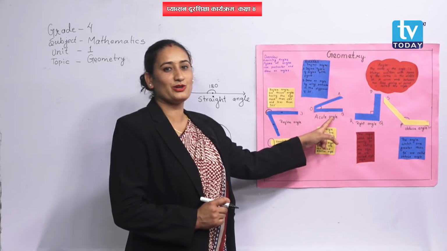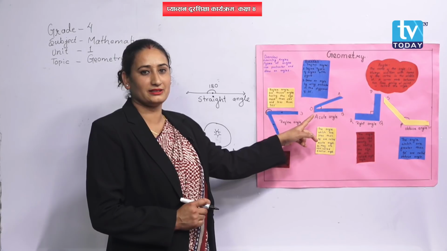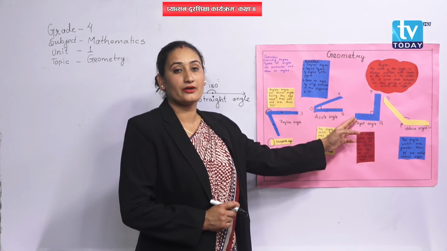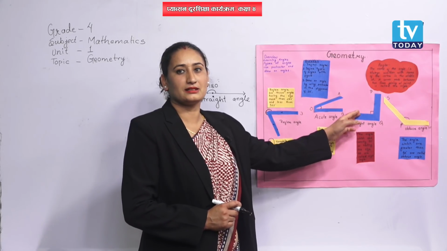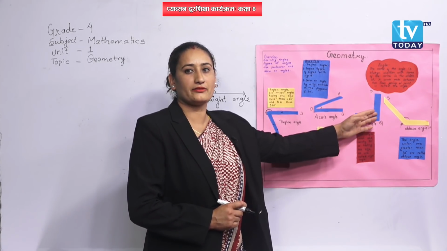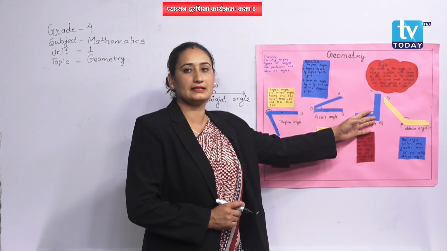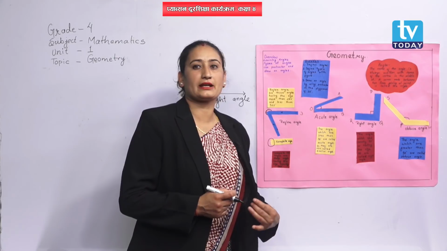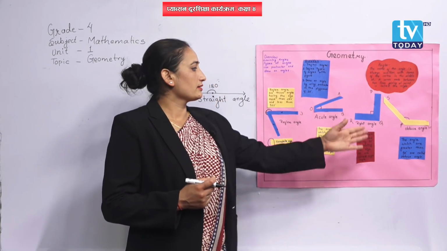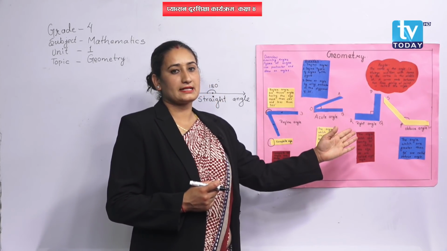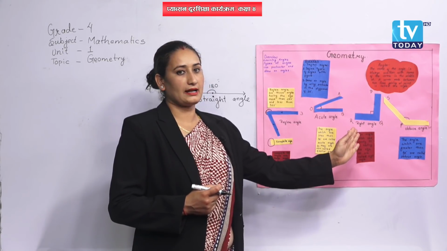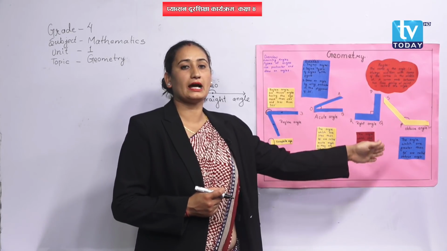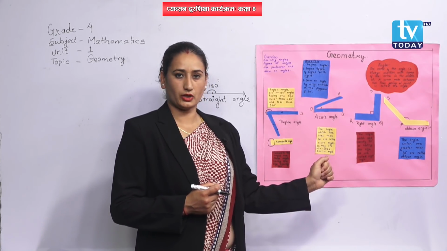Now, the first one is what? The first one is the acute angle, the smaller angle, right? The second one is the right angle. A right angle means having an L shape, exactly 90 degrees. The third one is the obtuse angle. Obtuse angle means a bigger angle, more than 90 degrees and less than 180 degrees.